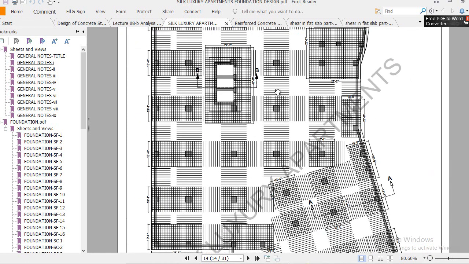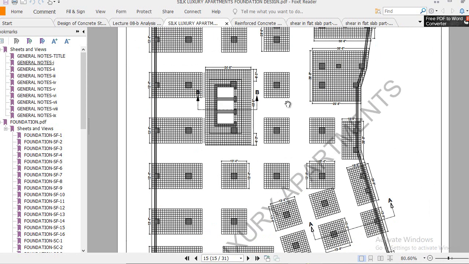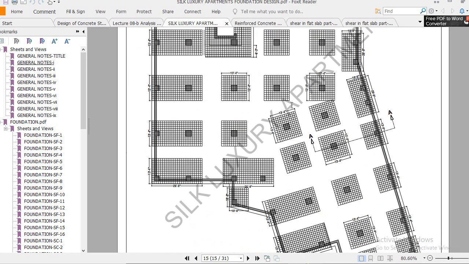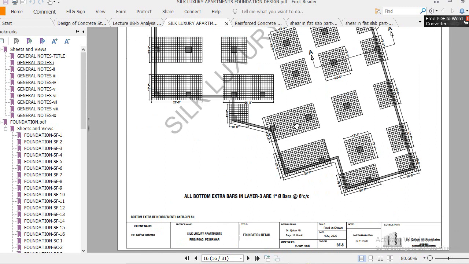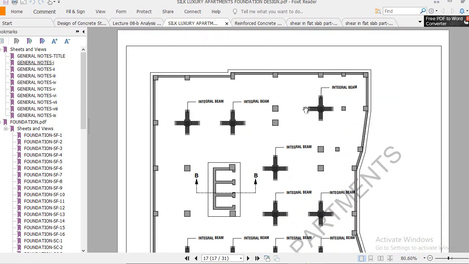And you see the reinforcement, how heavy reinforcement they are going to provide for such kind of plaza. You see here the integral beam. This is the shear reinforcement which they basically provide to control that heavy loading from the top of the structure. If you don't provide such kind of reinforcement, such kind of integral beams or shear reinforcement, it will increase the slab thickness.